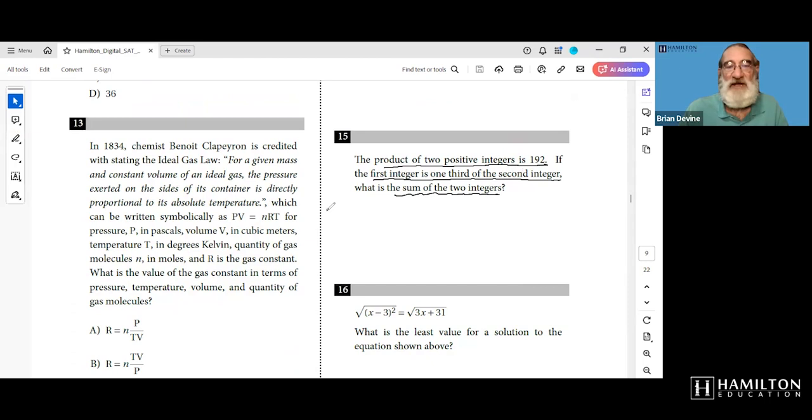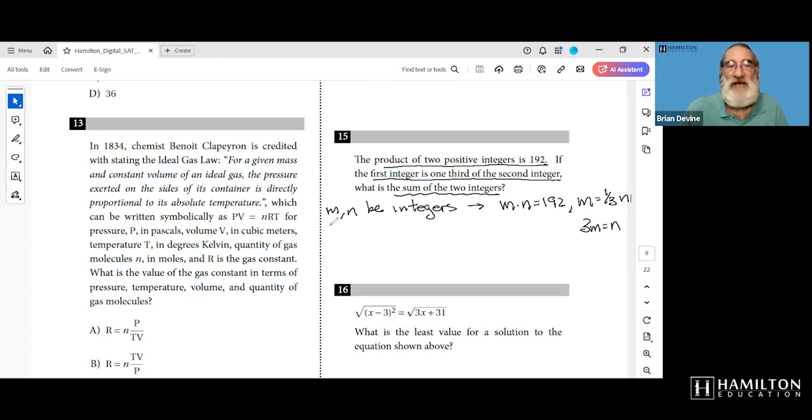So if I say let m and n be integers, and then I know that m times n is 192, and I'll say m is the smaller, is 1/3 of the bigger, which is n. Or better yet, 3m equals n.